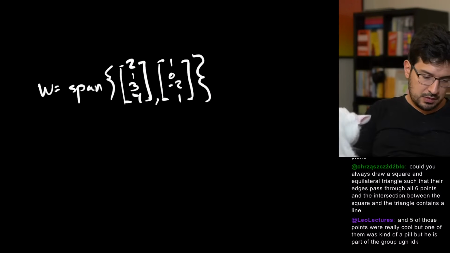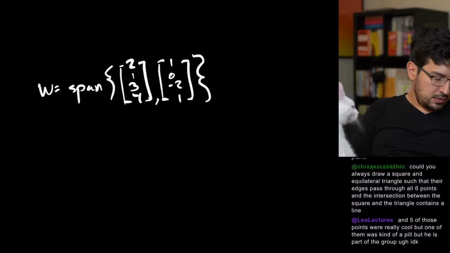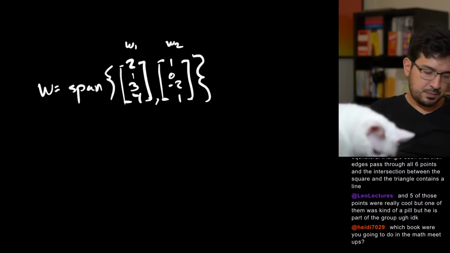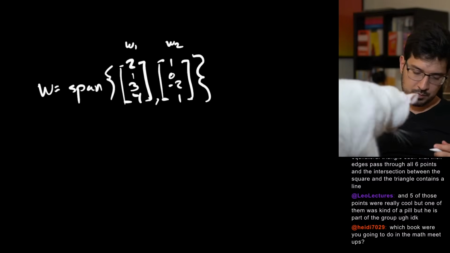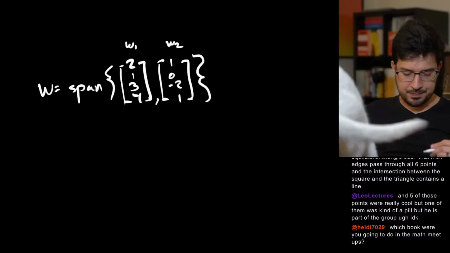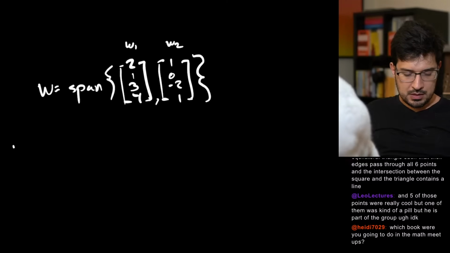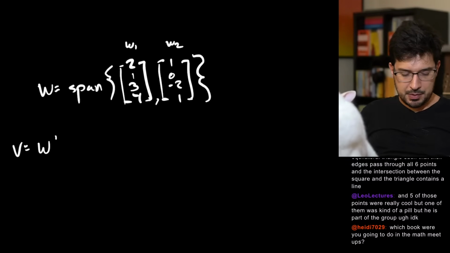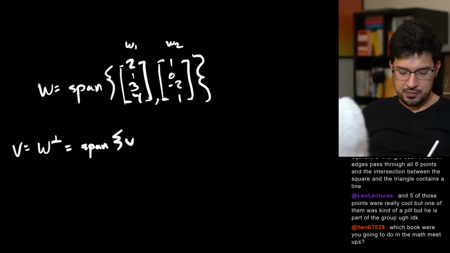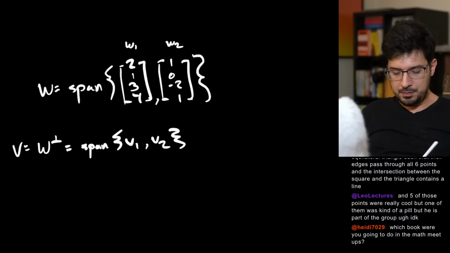I'm going to call these W1 and W2, so that W is spanned by those two. Let's let V be W perp, and this is going to be the span of two vectors, V1 and V2.